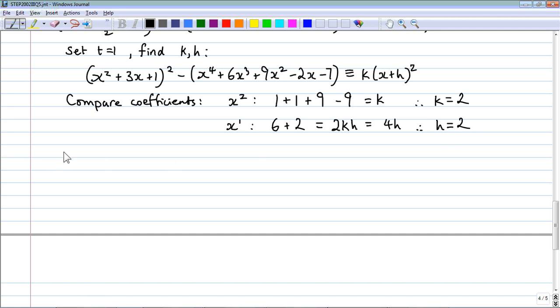So finally we can rewrite the quartic polynomial we're given as identically equal to the difference of the squares: x squared plus 3x plus 1 squared minus 2x plus 2 squared.